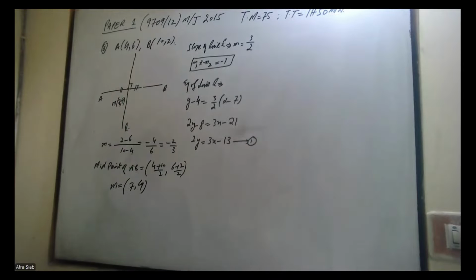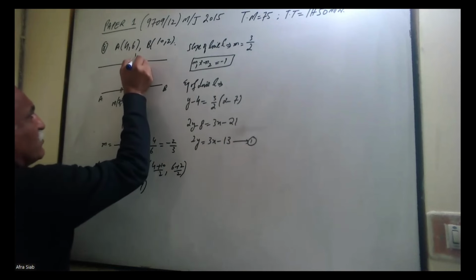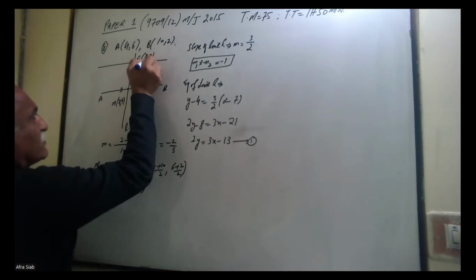Then they ask in the second part that C lies on a line parallel to AB. Let's say it is a parallel line, and C lies at the point with coordinates x, y.